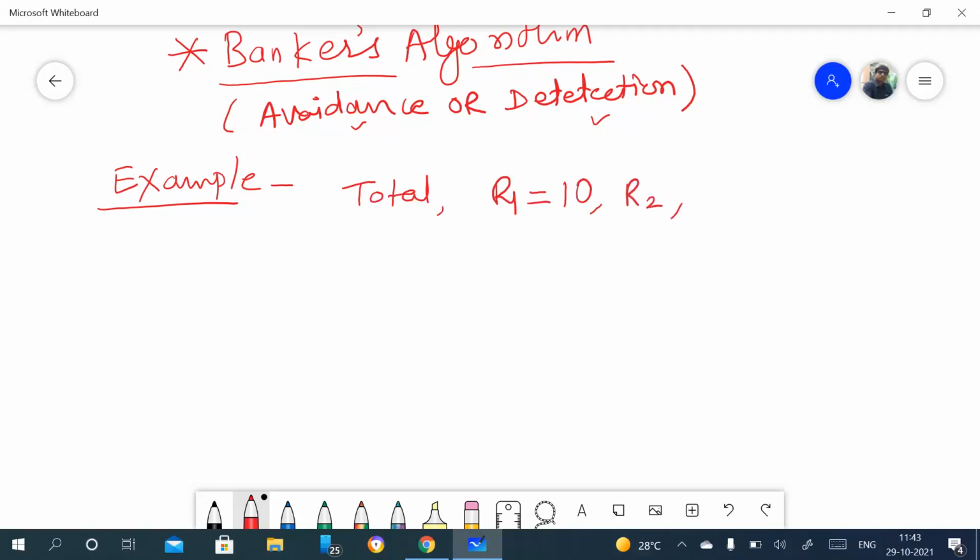For R2, the total instances are 5, and for R3, the total instances are 7. So these are all the instances, right? And also the allocation and maximum need are given there.